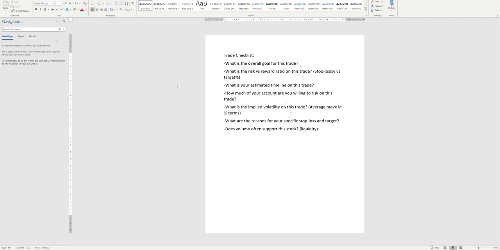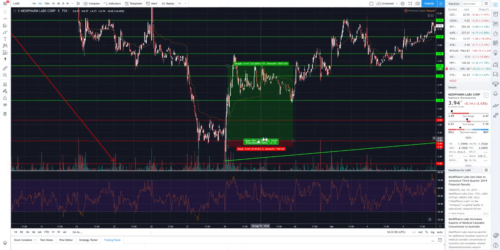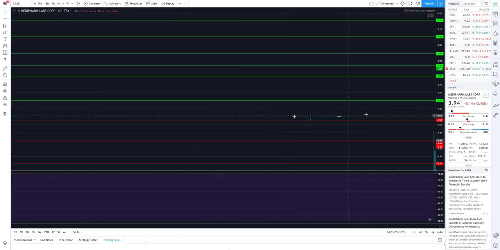There's literally no point. So liquidity is a big issue. Also a reason why I don't like trading stocks with low liquidity is because you can't have a proper stop loss.